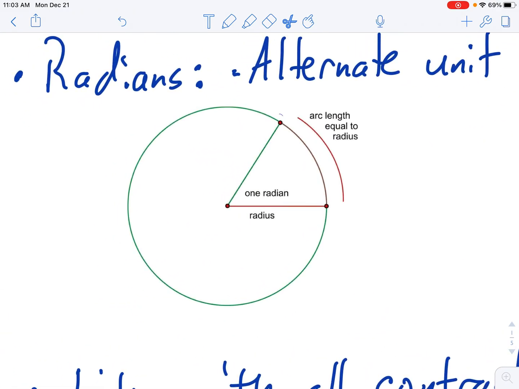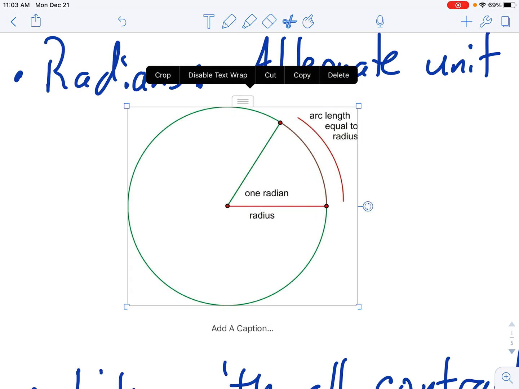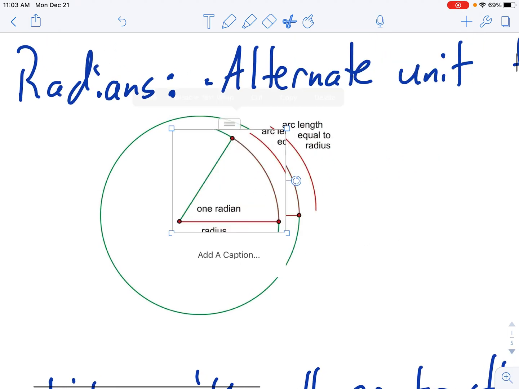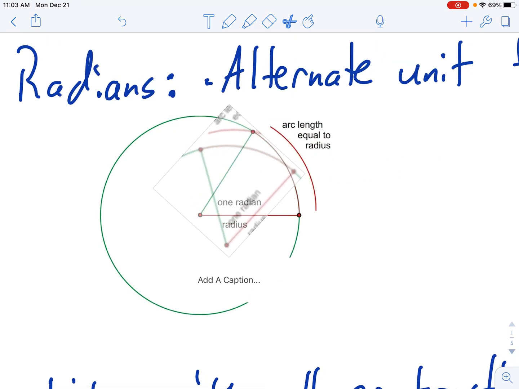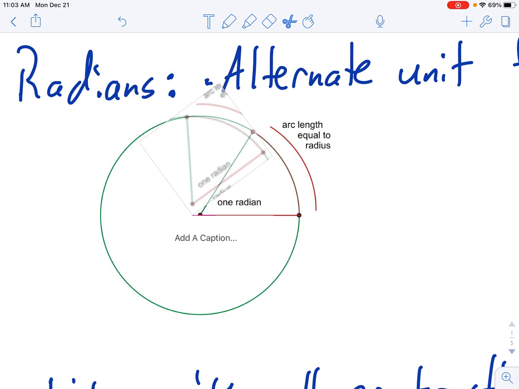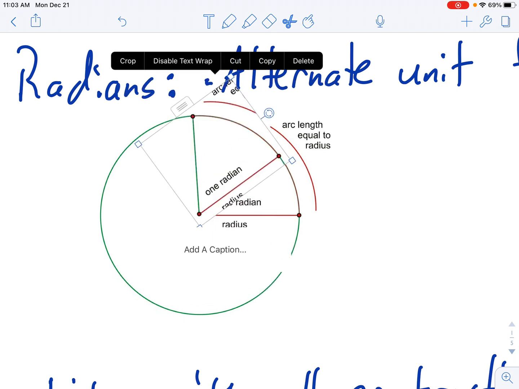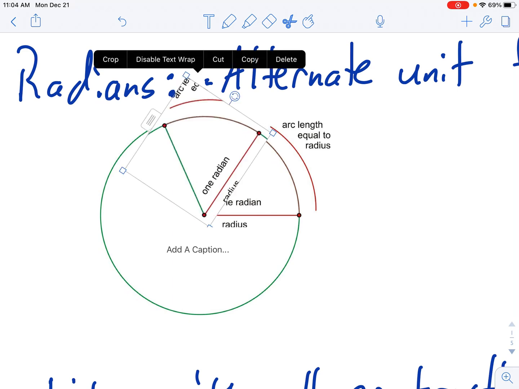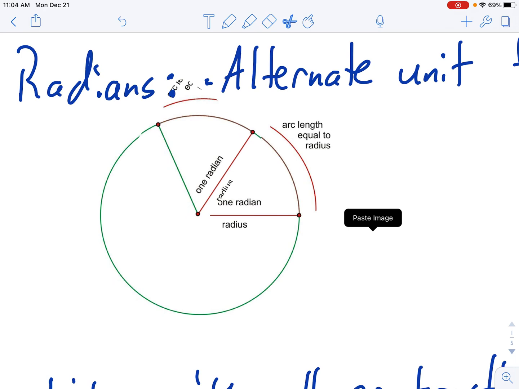I'm going to try something with Notability. It might work. It might be a complete failure. Let's look. I'm going to copy this and then paste it. Where's paste? I'll paste image. And then I'm going to move it over and rotate and try to get all fancy schmancy. Oh, I don't want to shrink it. I just want to rotate it. All right, I practiced this earlier and it worked. So if it doesn't work now, I'm sorry. So there's 1 radian.